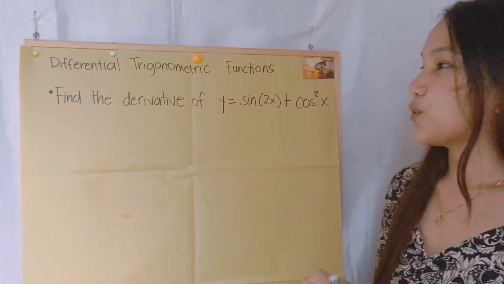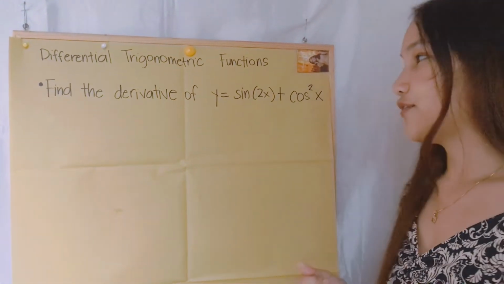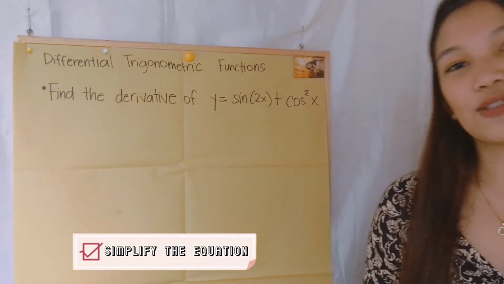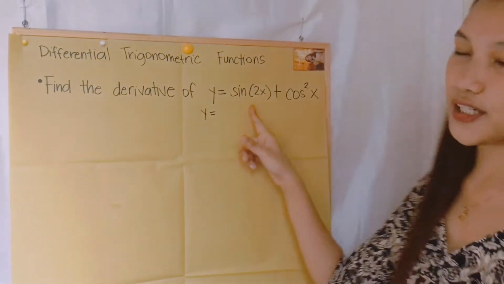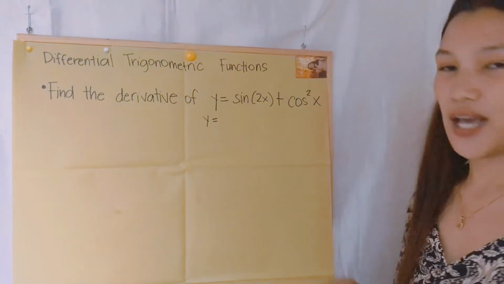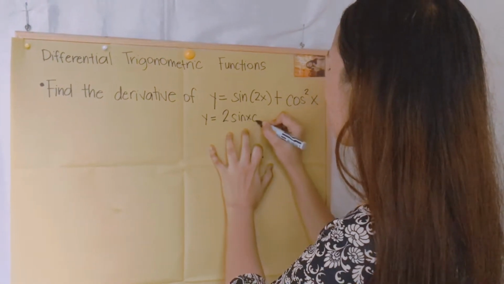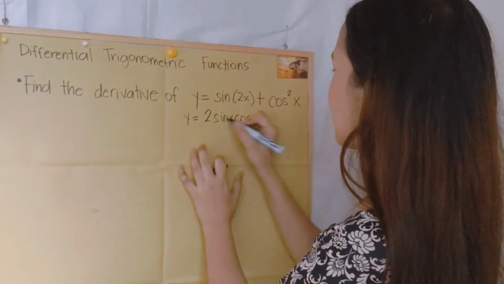So the first thing we have to do before solving the derivative of the equation, we must first simplify the equation so it will be easier for us to solve for the derivative later. According to the double angle formula, sine 2x is equivalent to 2 sine x cos x.